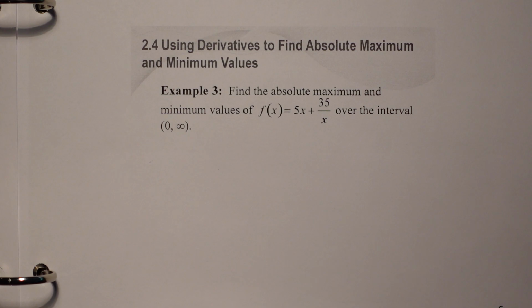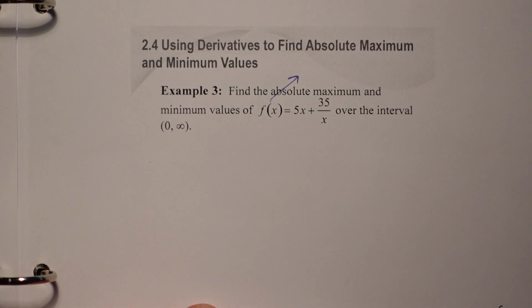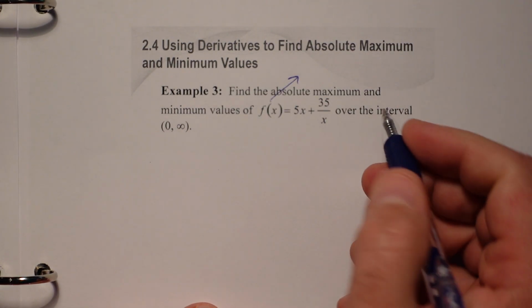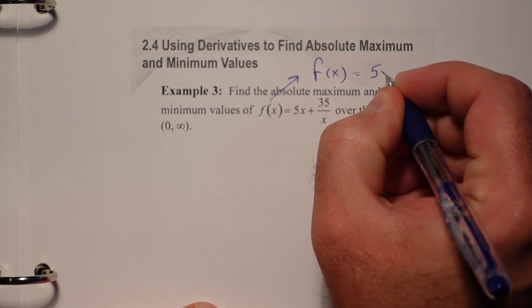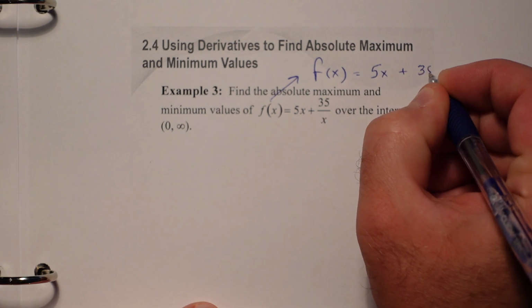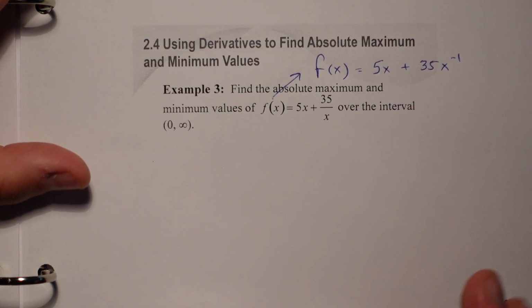Now I know regardless of what principle I'm going to apply, I need to start by finding my first derivative. And to make this function a little bit more derivative friendly, I'm going to rewrite that second term. So f of x is equal to 5x plus 35x to the negative first power, just because I know I'm starting this process by taking the derivative.